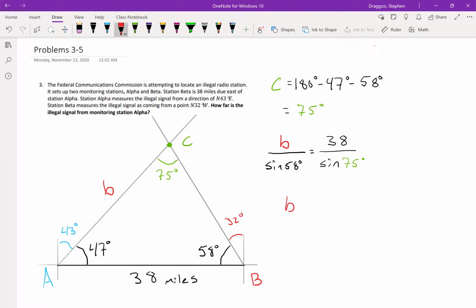Solving that for B, we get 38 times the sine of 58 degrees divided by the sine of 75 degrees, which works out to 33.4 after rounding to the tenth place. And since our initial distance, which was 38 miles, is given in miles, then this distance should also be in miles.